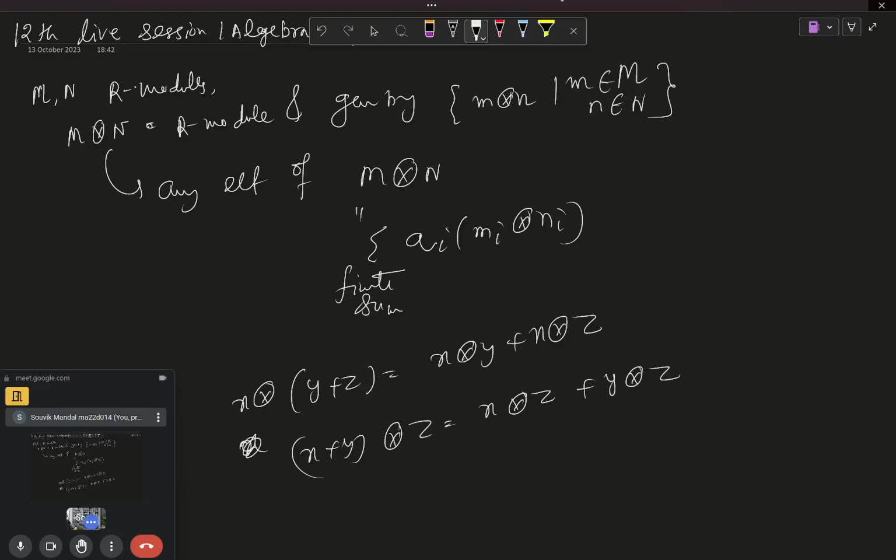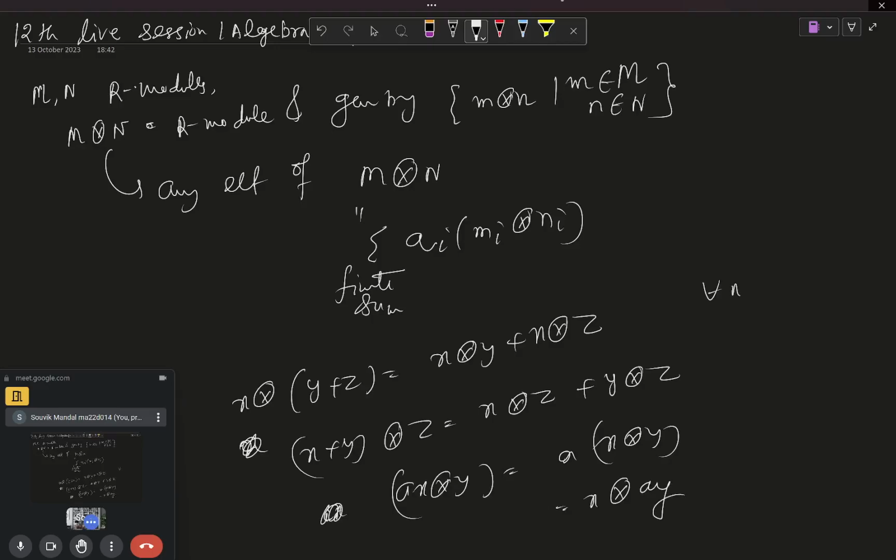Third, (a x) tensor y is equal to x tensor (a y), equal to a times (x tensor y).